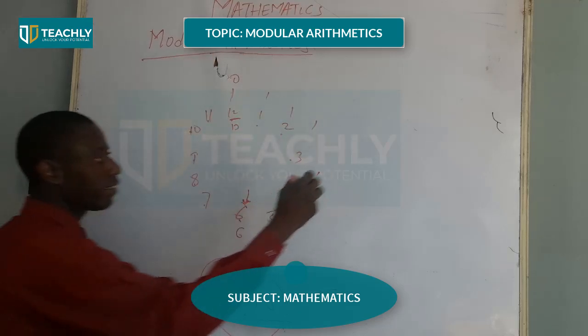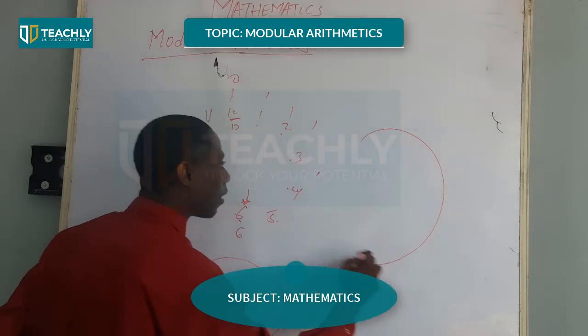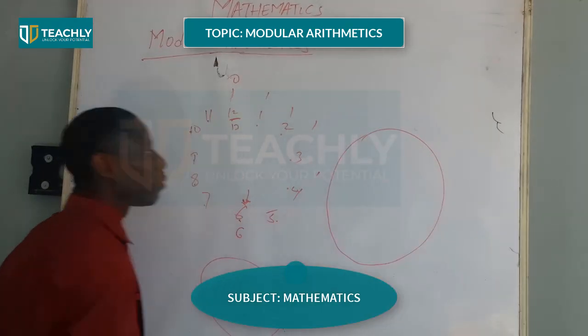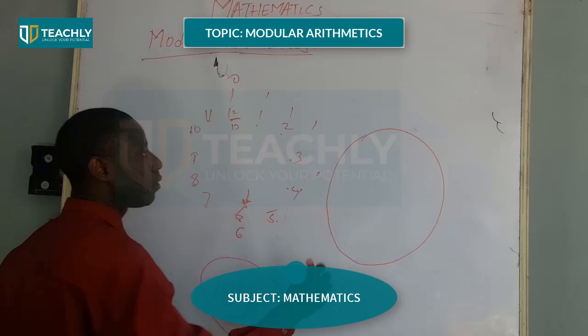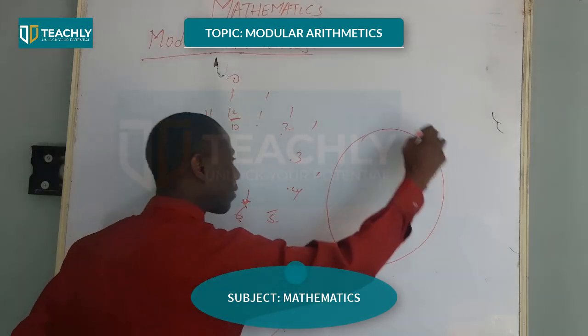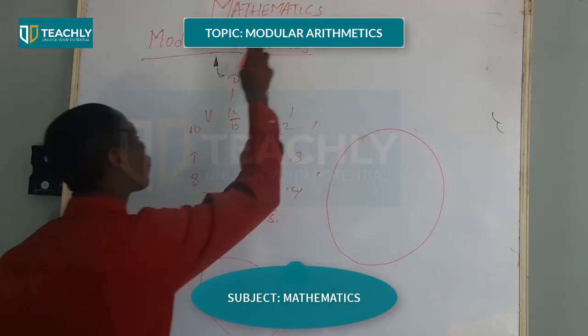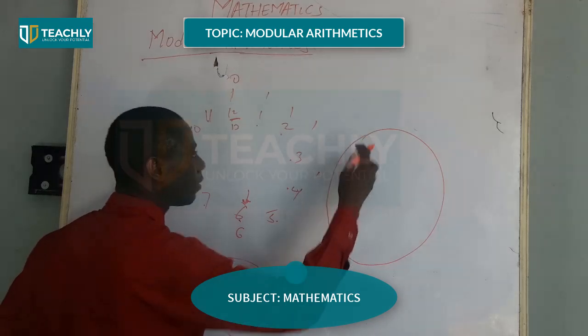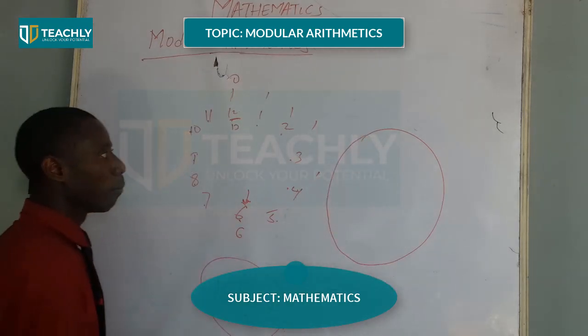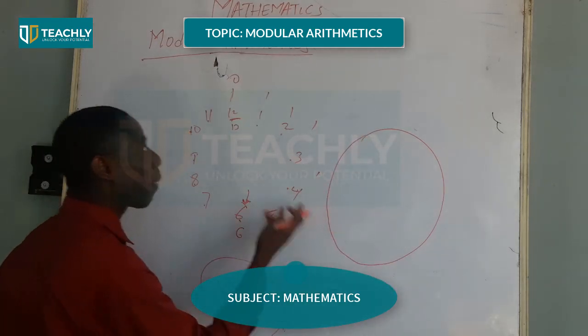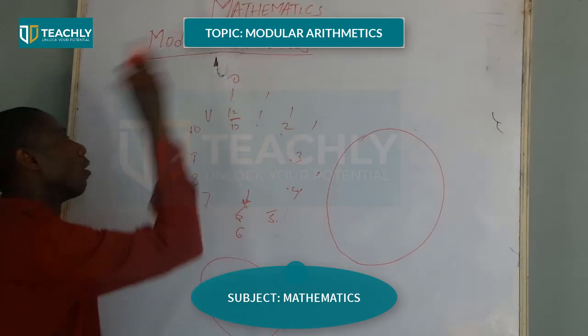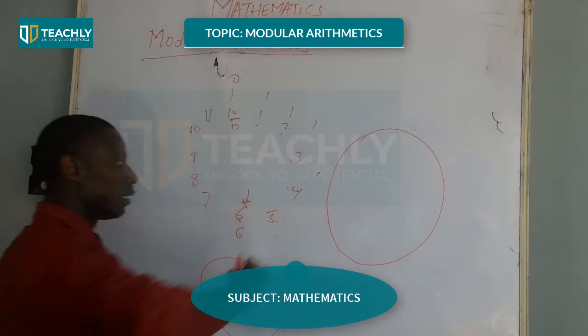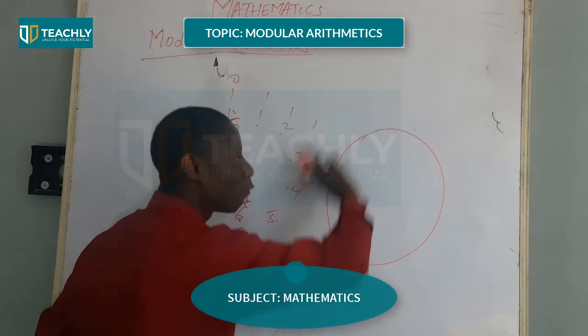When you are counting and moving with a positive integer in a cyclic form, that is what we refer to as modular arithmetic. It is a way of adding, subtracting, multiplying, or performing arithmetic operations in a repetitive form.